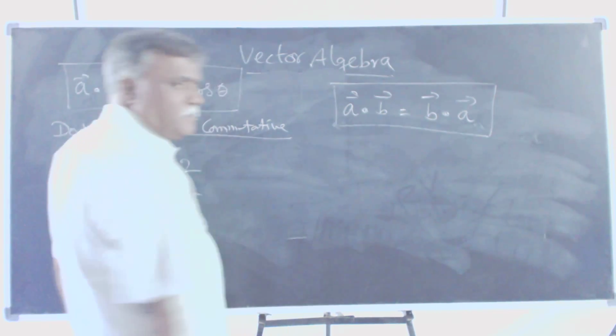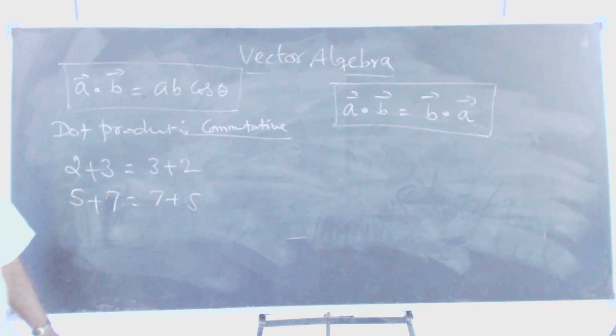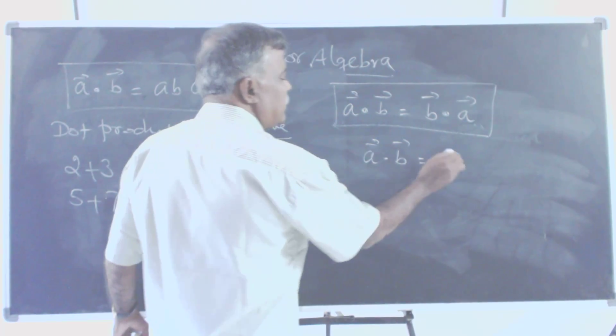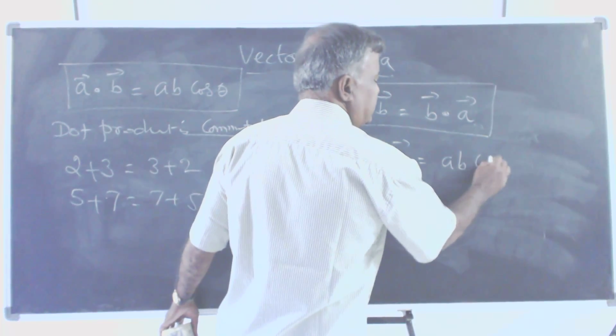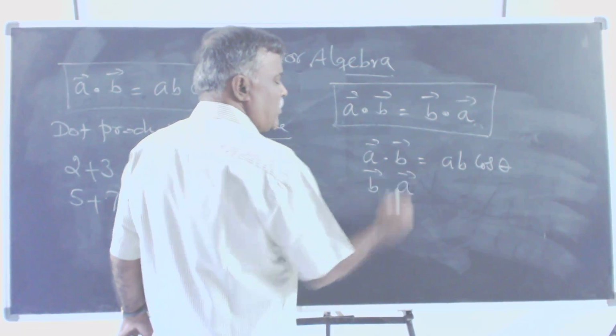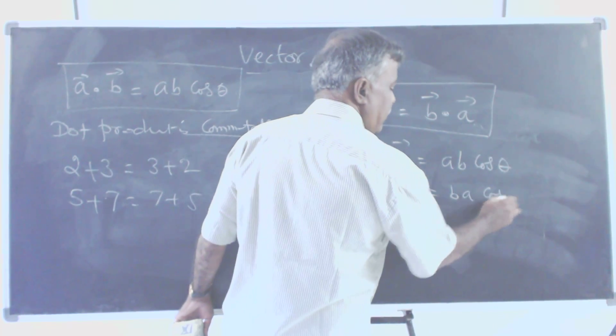இதுக்கு வந்து ப்ரூஃப் இருக்கு. We can prove this. A dot B equal to B dot A. It can be proved easily. How? A dot B definition என்ன சொல்லுது? AB cos theta சொல்லுது. Let us assume B dot A. B dot A கூட என்ன வரும்? அப்போ BA cos theta வரும்.